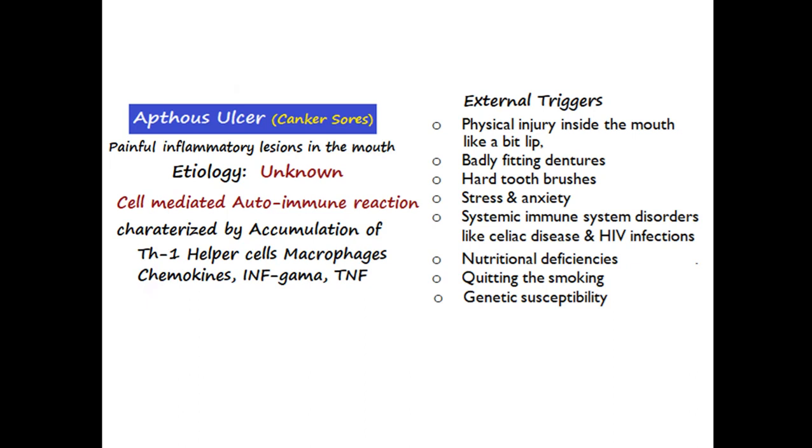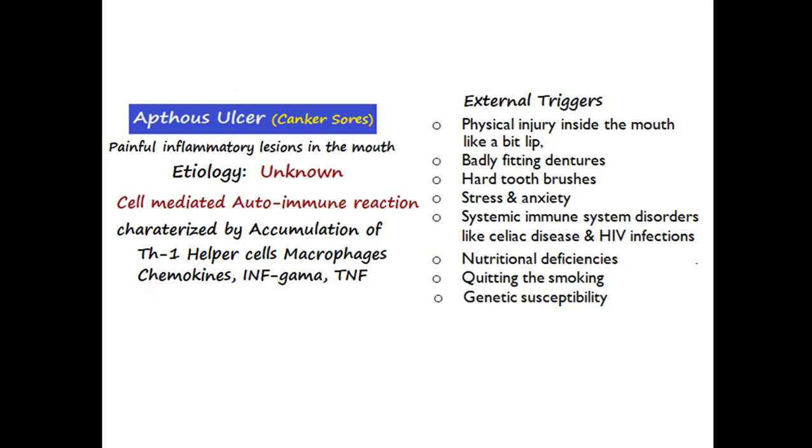And here one interesting thing is that people who are habitual smokers, when they quit smoking, develop Aphthous ulcers. Now, as we know, smoking is very bad and it is the cause of many underlying diseases, but here what happens is that the person is all right when he continually smokes, but when the person quits smoking, Aphthous ulcers arise in the oral cavity.